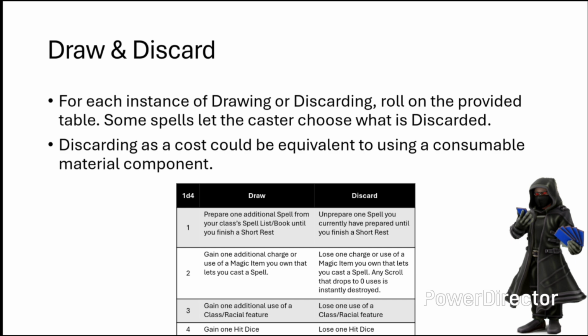Drawing could let you gain an extra use of that spell. And then finally, you gain one hit die or lose one hit die. Again, not that bad. Some people don't even care about their hit dice that much. So this wouldn't be too much of a debuff, but can be a significant buff for certain characters that need hit dice in order to use some of their abilities.